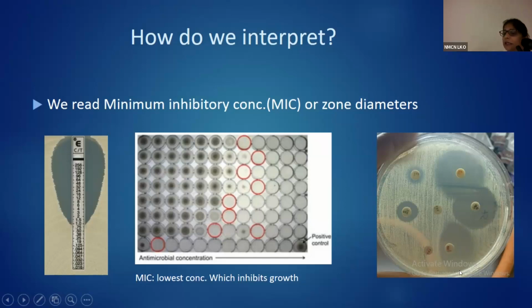So there is a D zone rather than a circular zone. That means erythromycin is inducing resistance to clindamycin. And in such cases, we report both drugs as resistant. And I told you it means constitutive resistance to macrolides, lincosamides, streptogramin B. So treatment with clindamycin might result in clinical failure. So we have to be cautious against that.